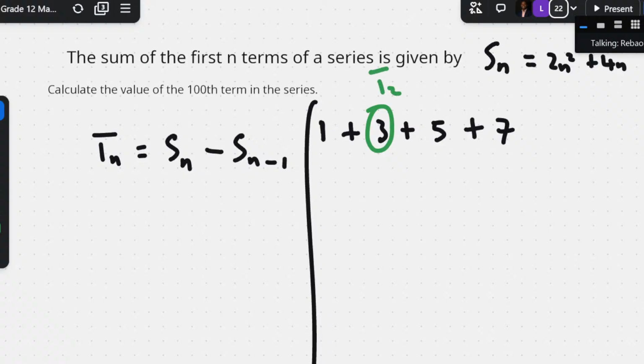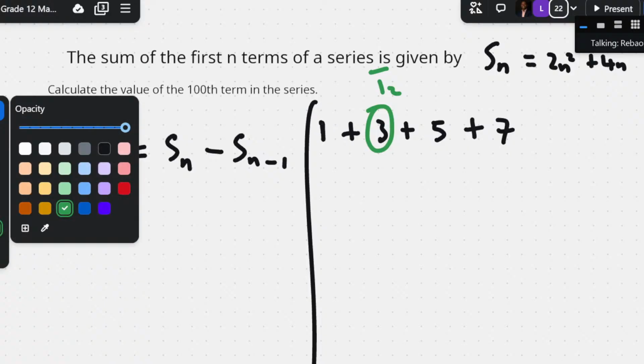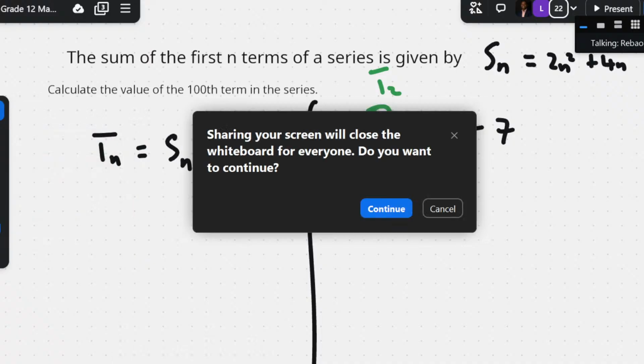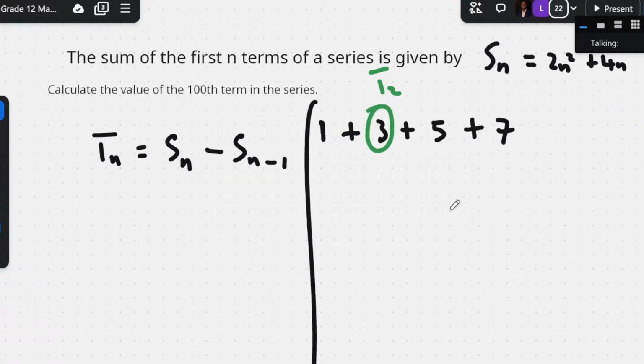Let's say I would really like to know what term number 2 is. What this formula is saying is, to find term number 2, you need to notice the following.